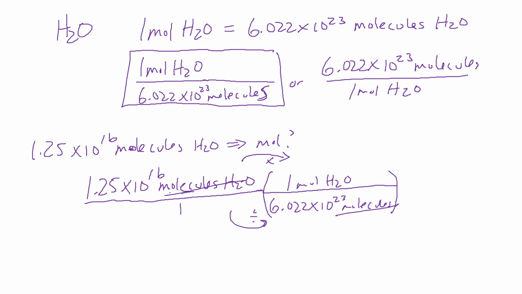Going to give us a lot of zeros. That's a lot of zeros to count. How about a little scientific notation there? So we'll go with 2.08 times 10 to the minus 8 moles of water in this case. Now, again, that's in scientific notation. On your calculator, it might have the decimal form.